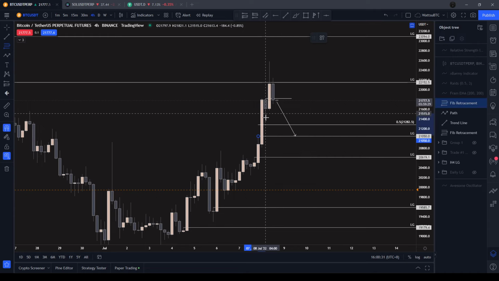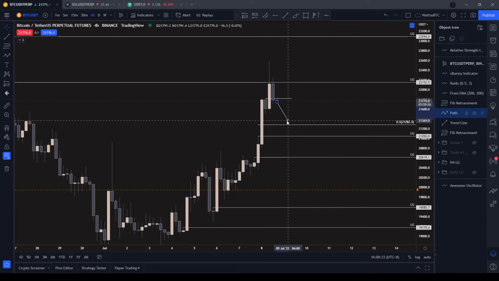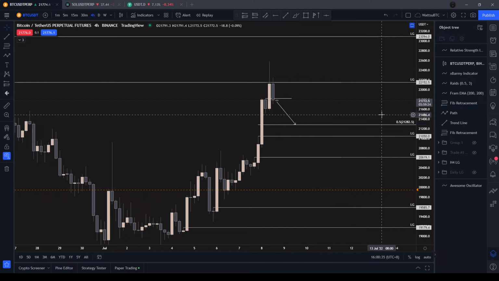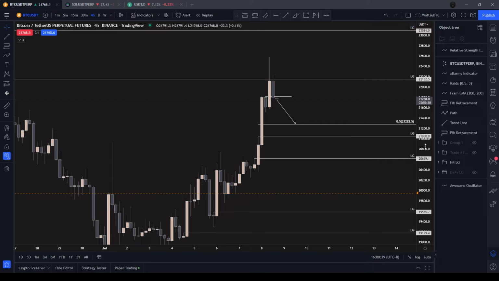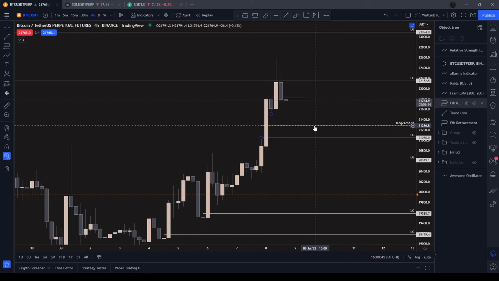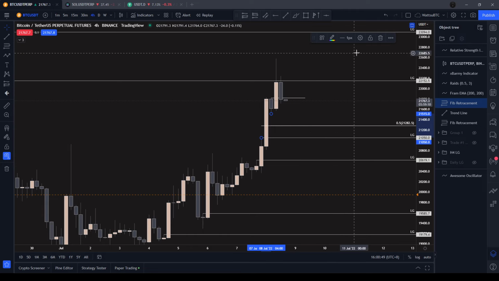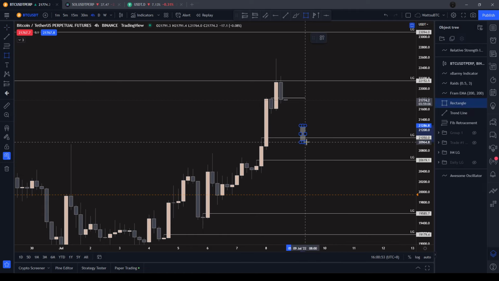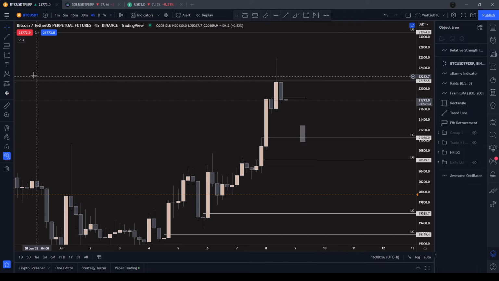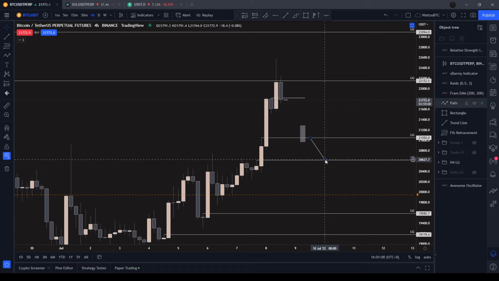If we want a continuation of the move, we would expect this 21,282.5 to 21,050 to be protected. But if we close a candle through it like this, the next target would be the next LG, as simple as that.